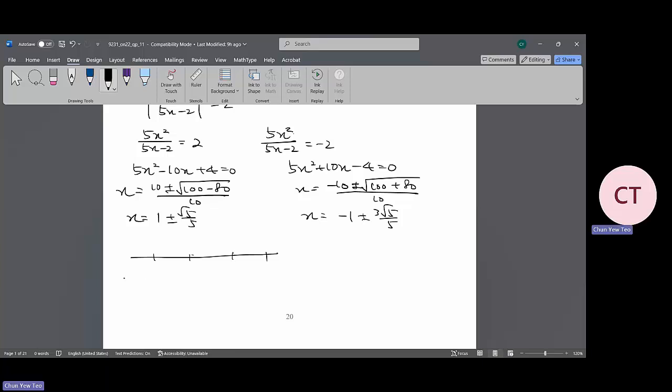From small to big, this will be the smallest, then the biggest will be this, and this will be this. So these are the sequence, the 4 values over here.